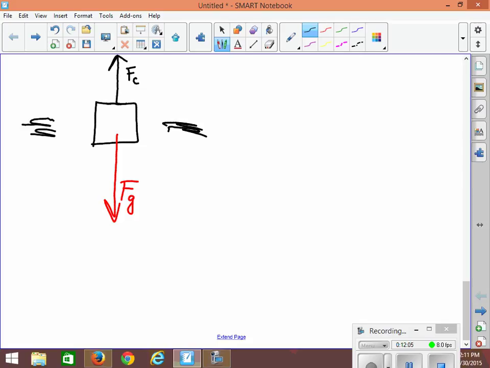And the force of a cable is sometimes called the tension. The word tension is really just a fancy word for force in a rope or cable or string. A string, a rope, a cable. In fact, anything can have tension. Tension can be in a concrete beam, or a concrete block, or a steel beam.